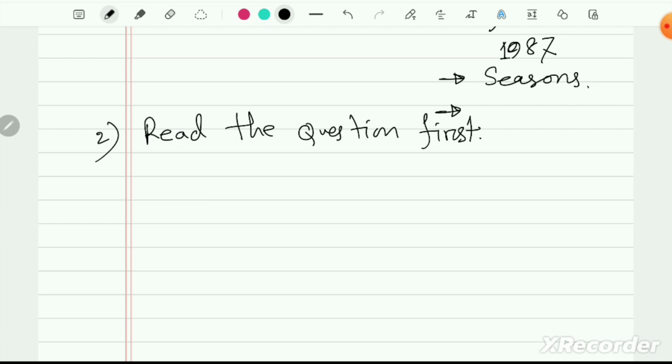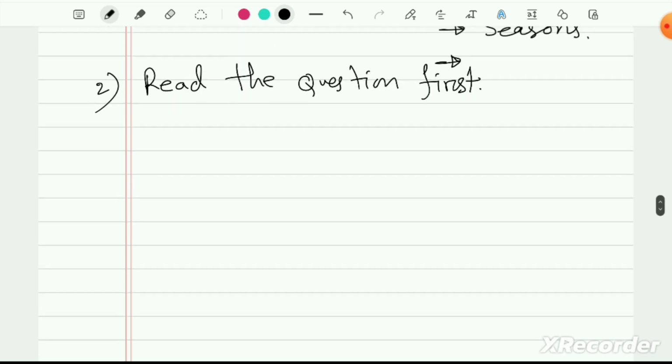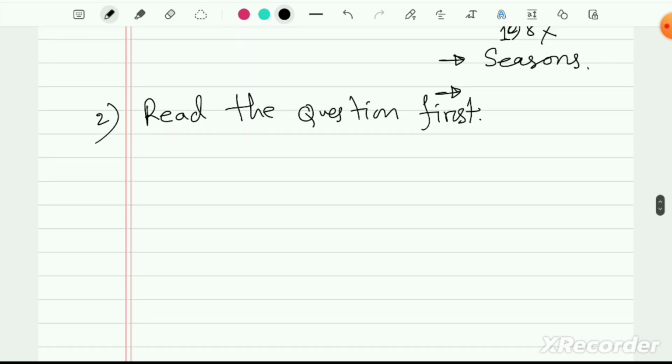Now let's read the questions. I will not go to the questions right now. Let's actually understand how we can read the questions. Glance through the questions to understand what you need to look for in the passage. This can help you focus on relevant information.